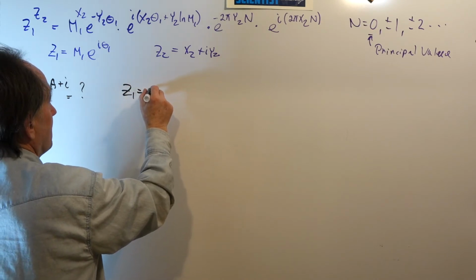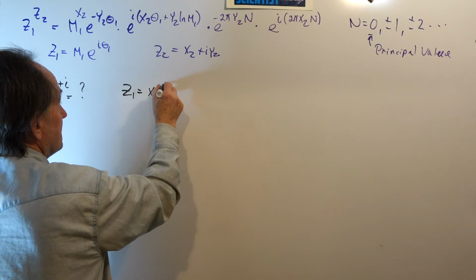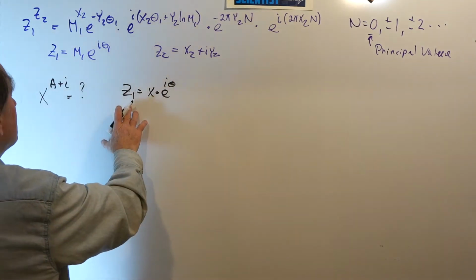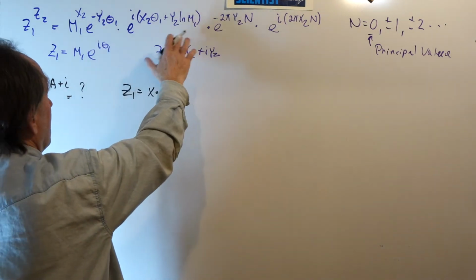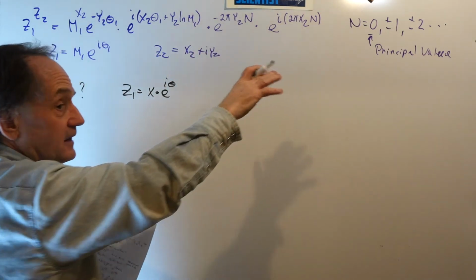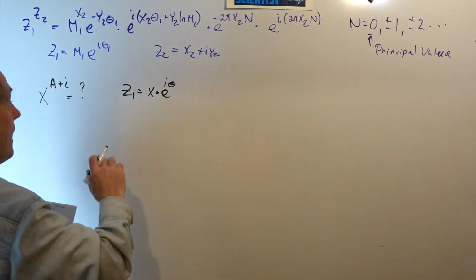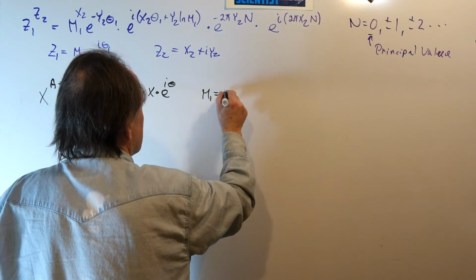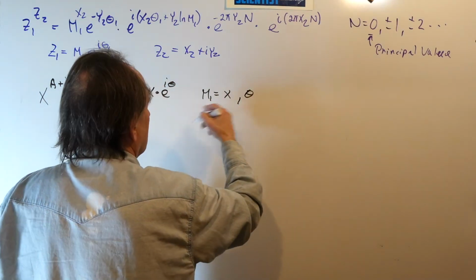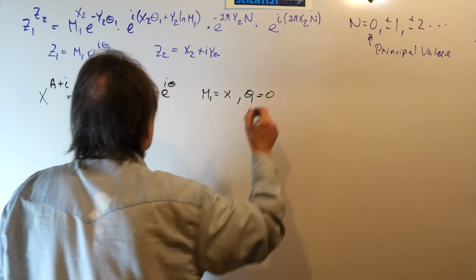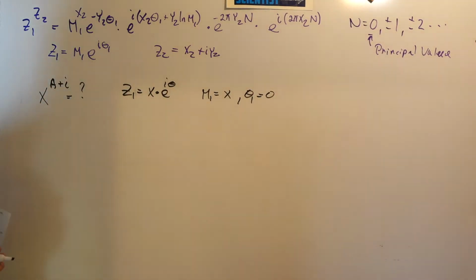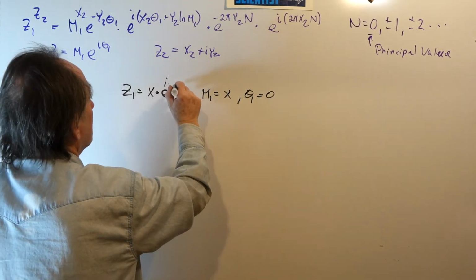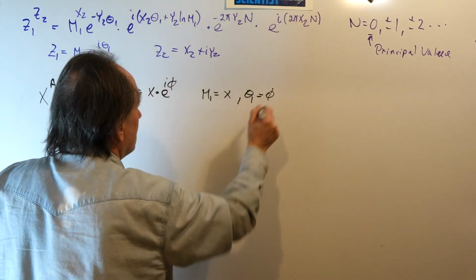This can be written as x times e to the i0. We just use the principal value for the base because we took care of the multiplicity of values by adding 2 pi n in our derivation. So in this case, our m1, the magnitude, is x, and theta 1 is 0.